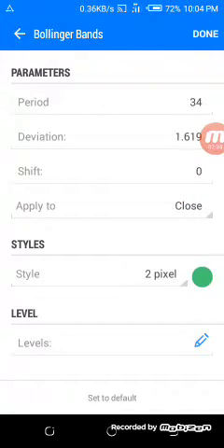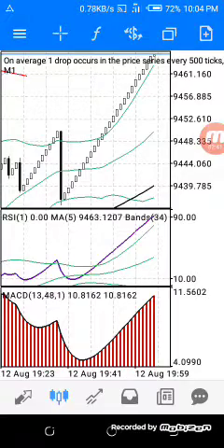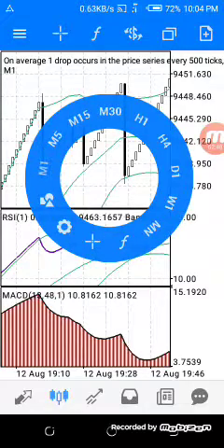After applying to close, you can choose the color and pixel of your choice, then click done. Okay, it's done, guys.